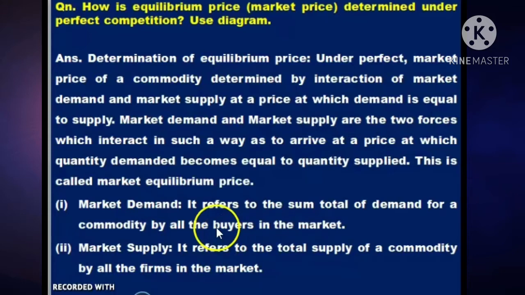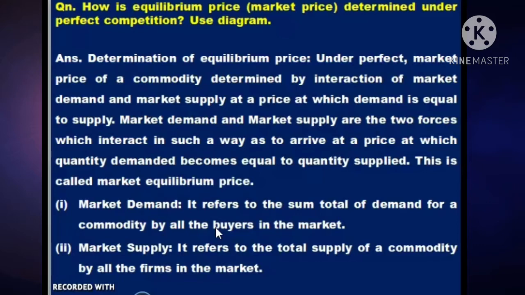On the demand side, as we know, when price increases, demand decreases, and demand always depends upon the consumer's willingness. Next is the supply side, where the producer has the main role.